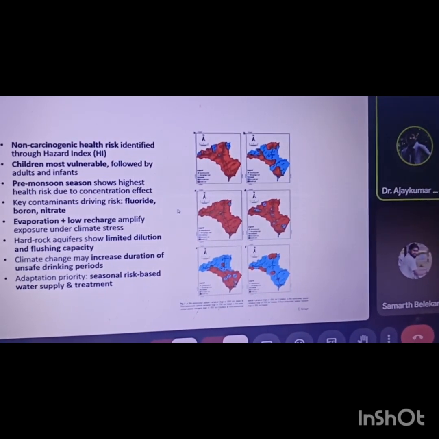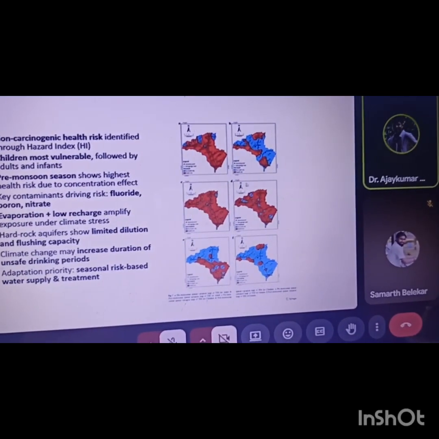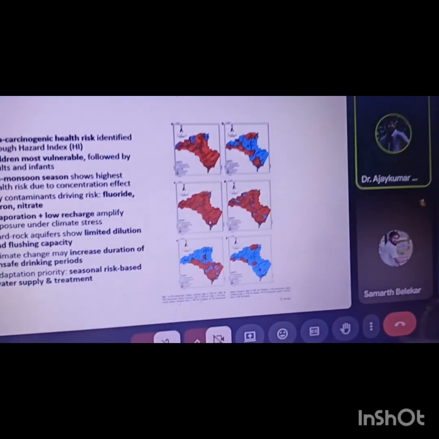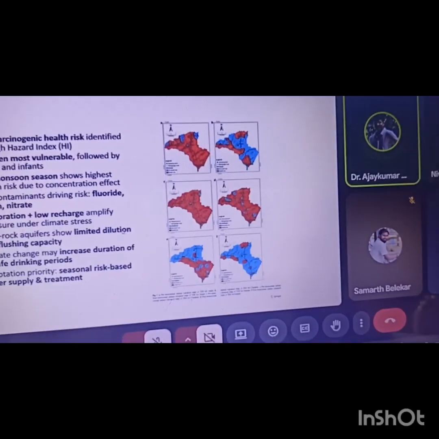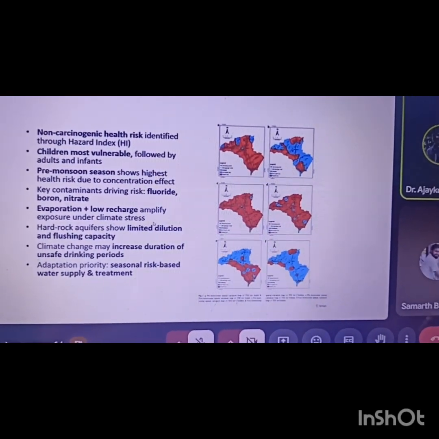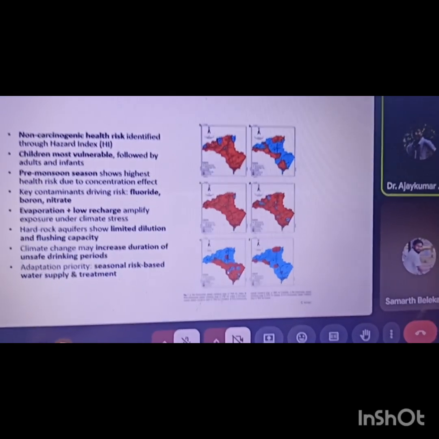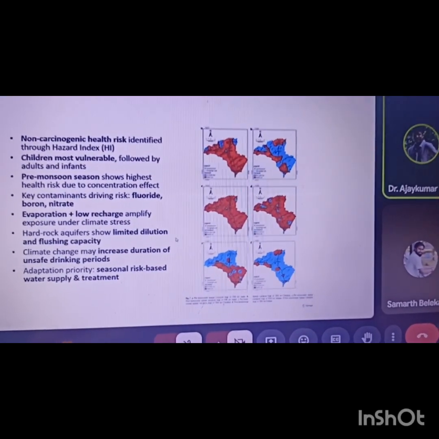The major contaminants are fluoride, boron, and nitrate. The results also show that the hard rock, limited dilution and evaporation, and low recharge under climate stress are the main culprits for the health risk of this area.